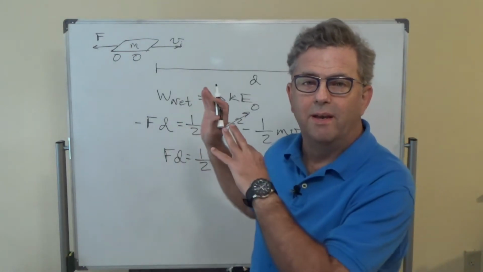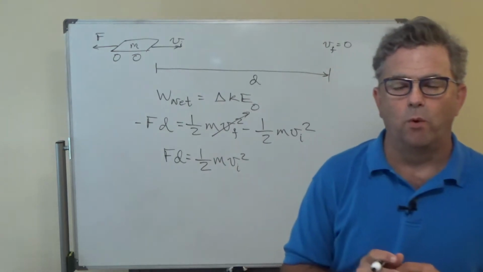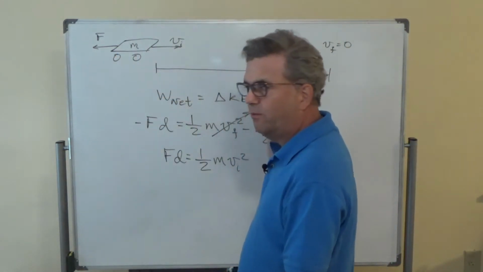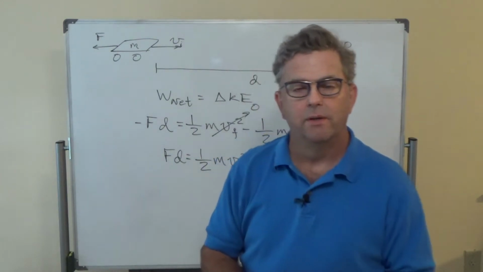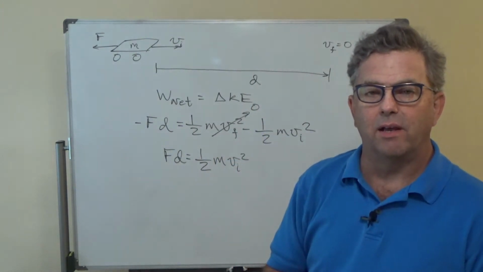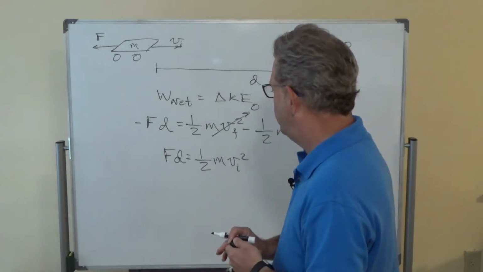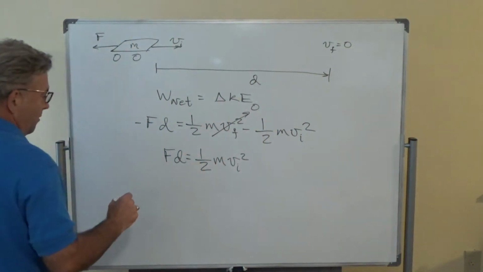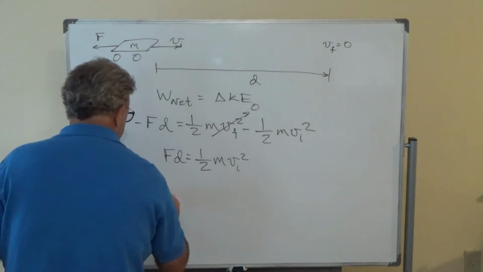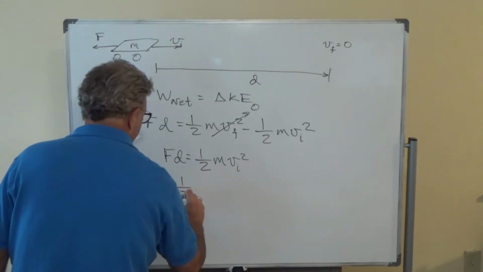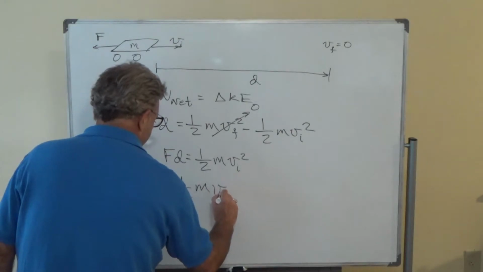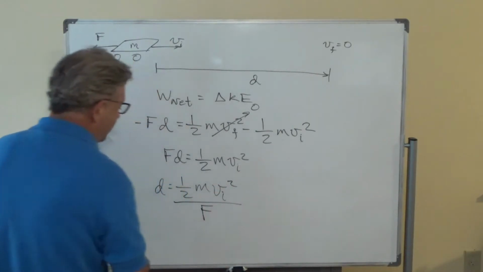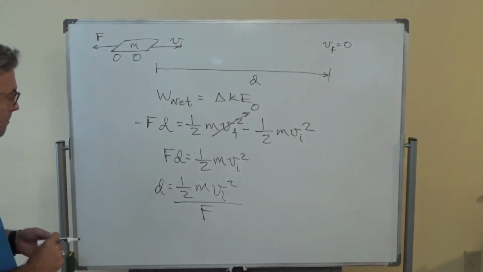You know the maximum amount of force that's applied, and I'm assuming this is a constant force throughout the motion, then you can easily calculate the stopping distance for a particular velocity. So what would the stopping distance be here? It would simply be d is equal to 1/2 m v initial squared divided by whatever that stopping force is.